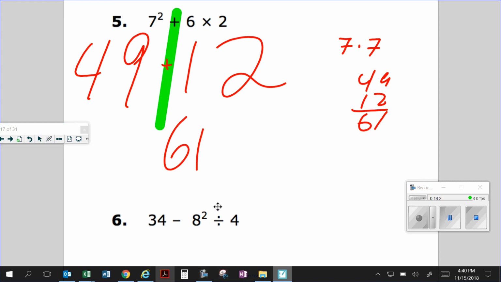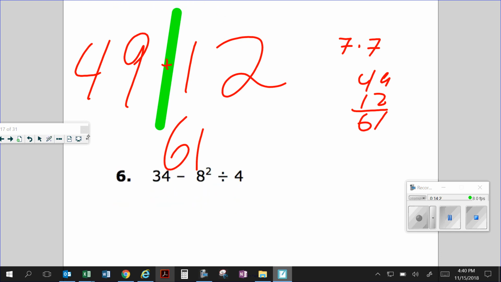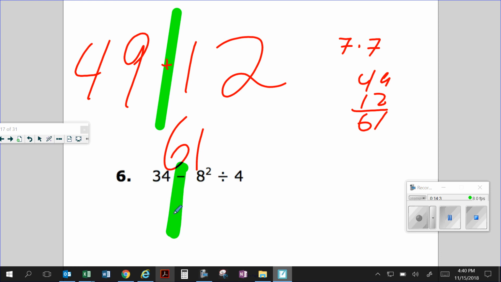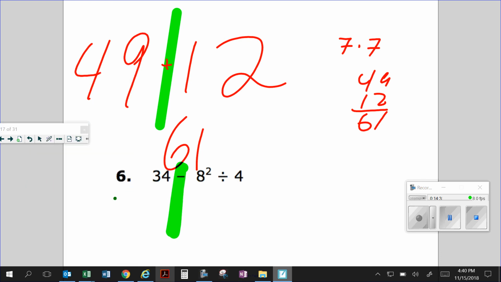Number 6, highlight any operators. I see an operator right there, so I'm going to highlight this operator. So what do you see on the left term? On the left term, I see 34. What do you see on the right term? 8 squared divided by 4. Okay, how do you use the exponent again?